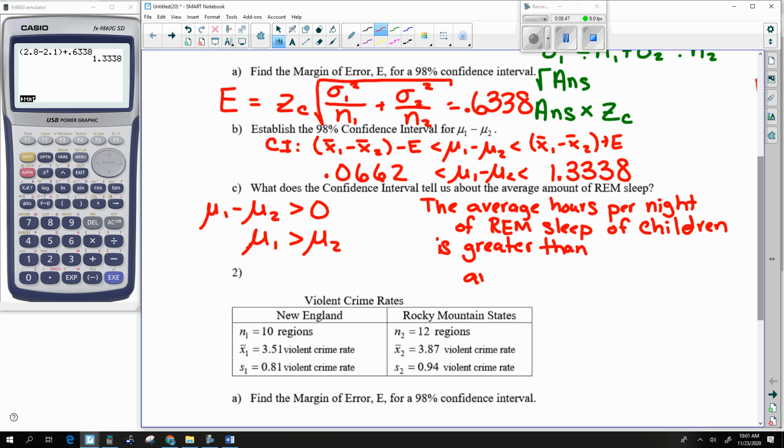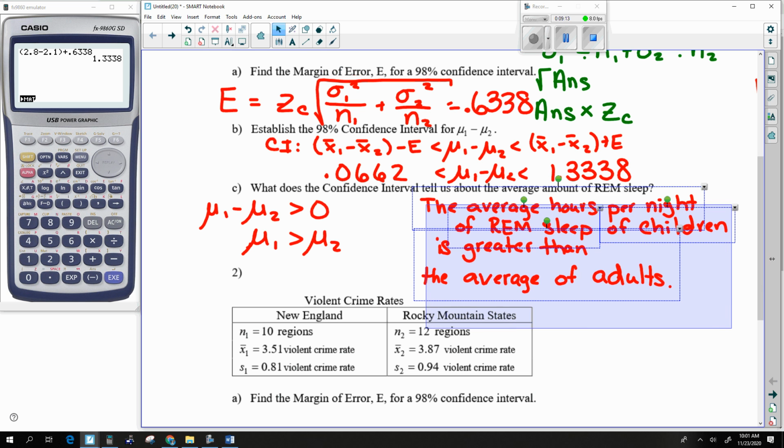So mu1 is greater than mu2. So the average mu1 is greater than the average mu2. Okay.